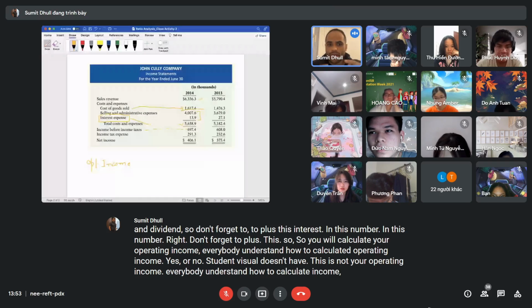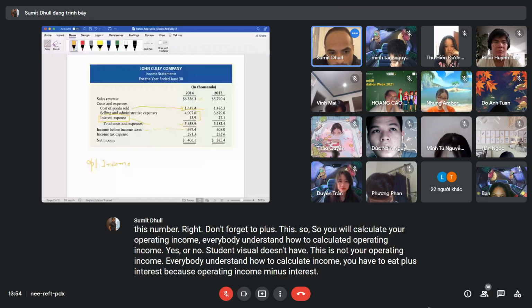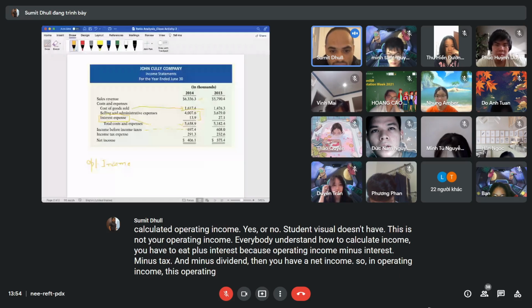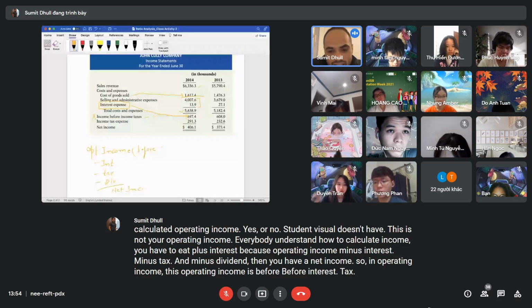You have to add interest, because operating income minus interest minus tax and minus dividend gives you net income. So this operating income is before interest, tax, and preference dividend.